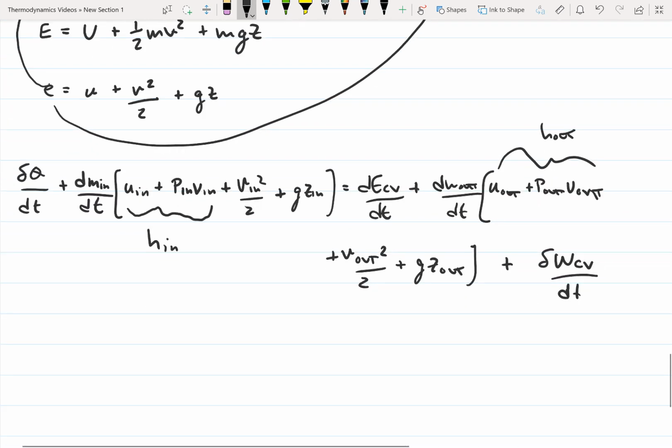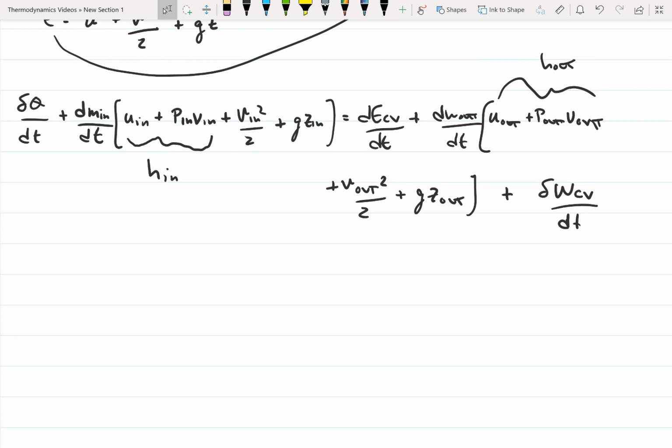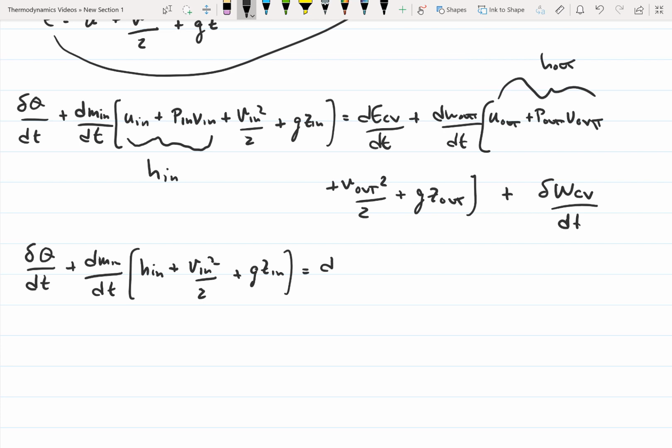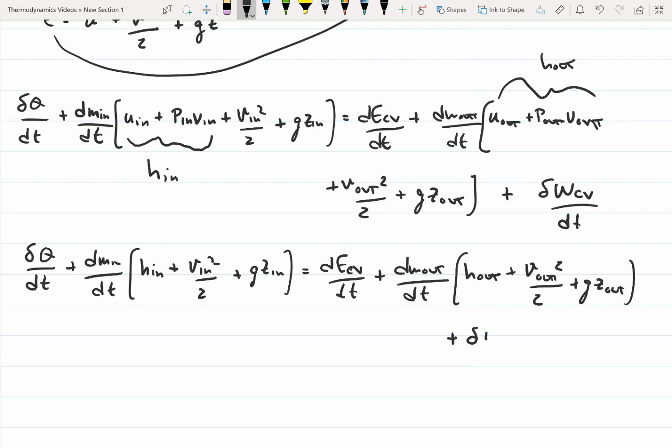And so we can rewrite this using the enthalpy. If we do that, we get dQ/dt plus dm in/dt, and then this is multiplied by the enthalpy plus the kinetic energy plus the potential energy, is equal to dE_CV/dt plus dm out/dt, and then this is multiplied once again by the enthalpy out plus the kinetic energy out plus the potential energy out, and then plus the other work.